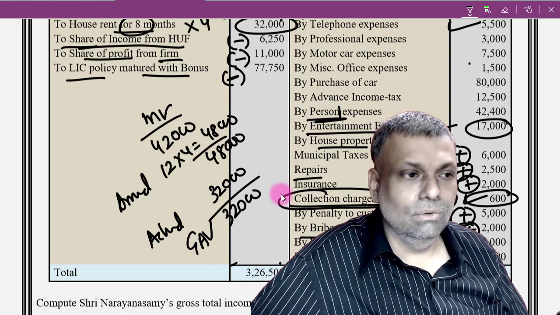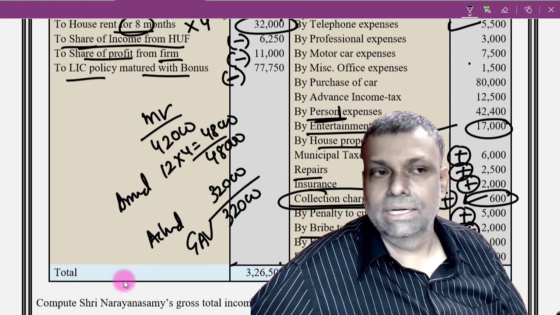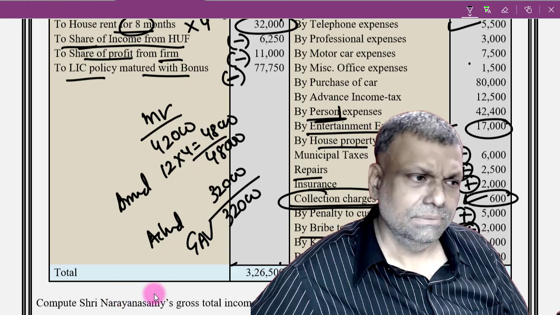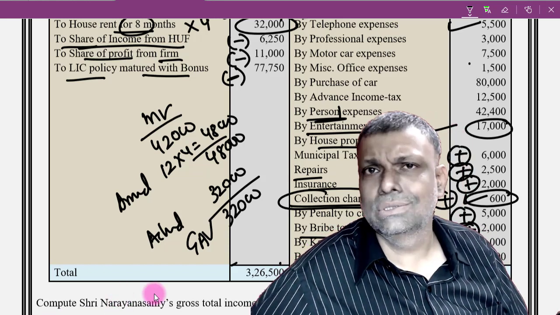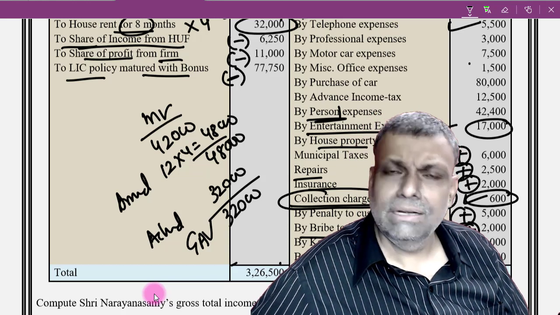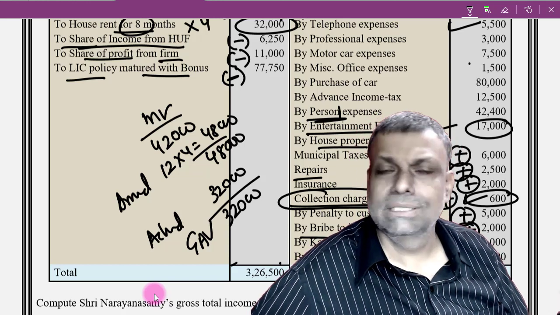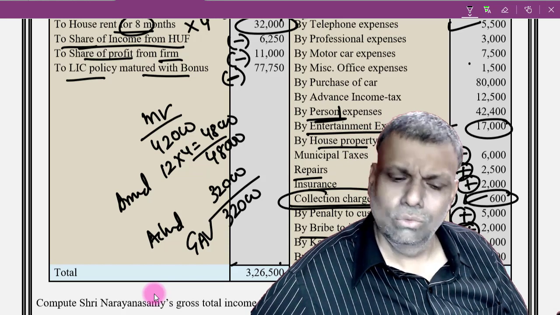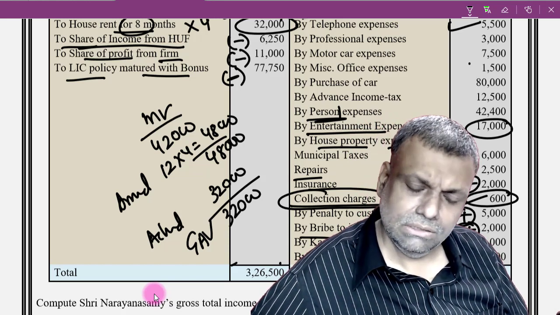But if you say that it is not because of the vacancy and it is just vacant for some other reason, in that case your fair rent of 48,000 will have to be taken. So it depends upon vacancy or no vacancy. I'll just right now treat it as a vacancy, so it is 32,000.